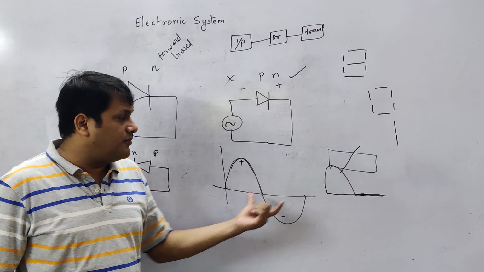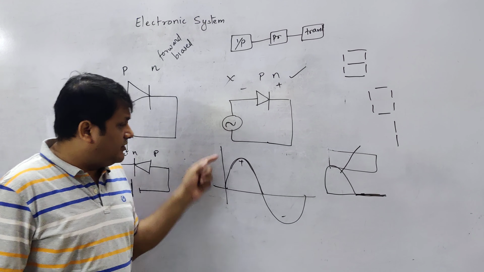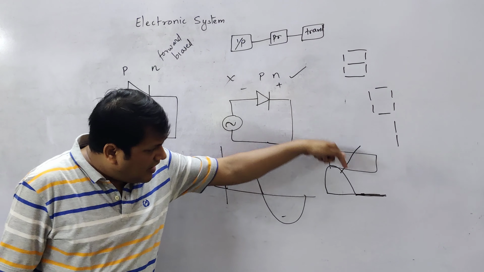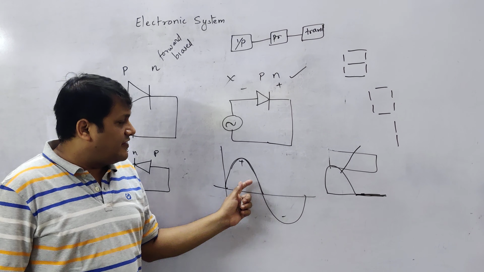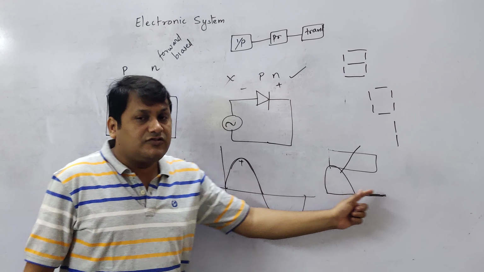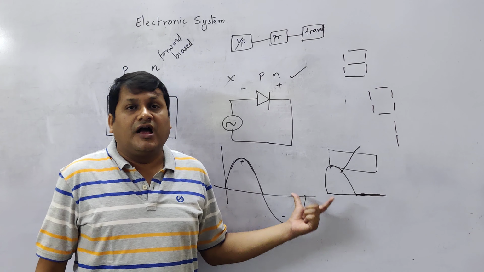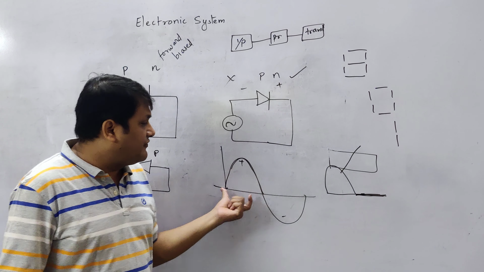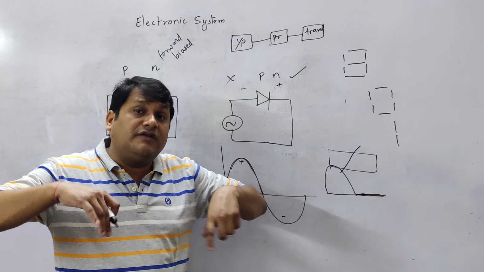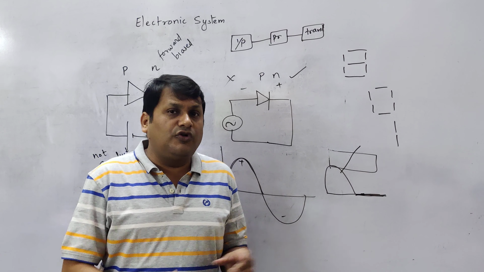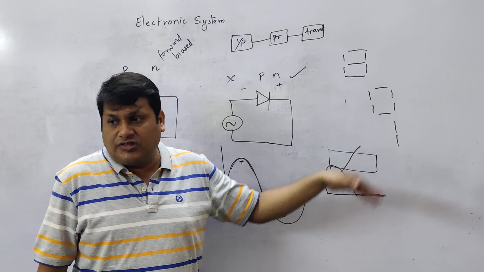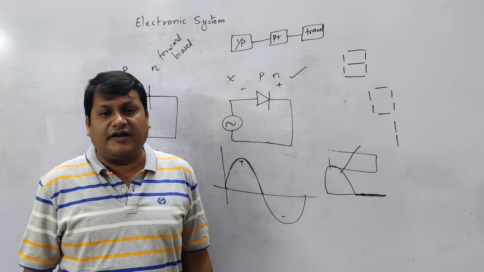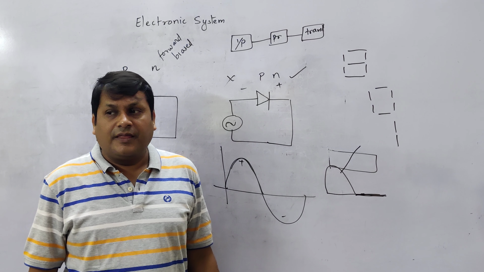This is the input waveform, this is the output waveform. You have input, you have output here, positive, positive. As soon as you give negative input, there is no output. This is called a rectifier, half wave rectifier. Half of the wave is rectified. And then you can convert it to DC. You have full wave rectifiers also, where both the waves will be rectified, conducted. Correct?